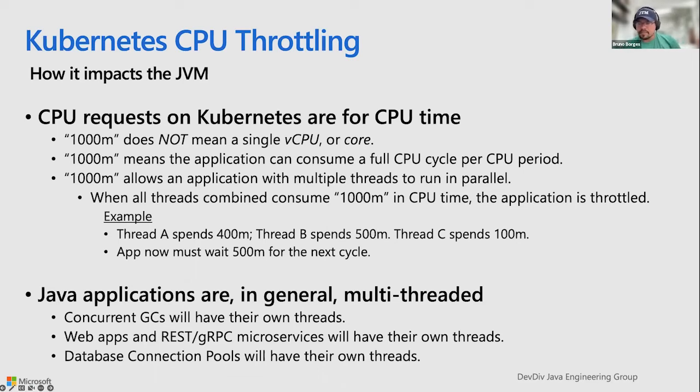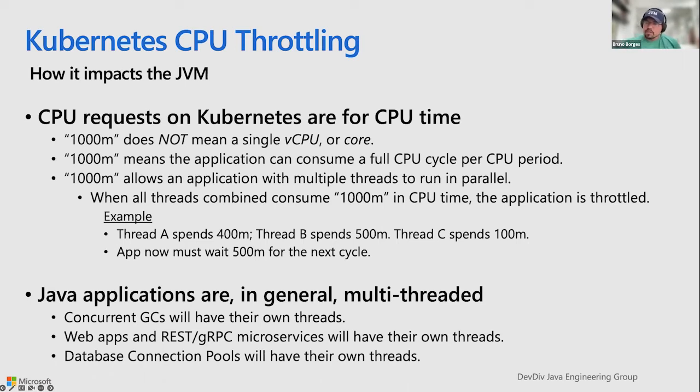Developers tend to believe that 1,000 millicore as the CPU limit of a container means 1 CPU. That is not true. In fact, 1,000 millicore means that the application can consume a full CPU cycle per CPU period. And a full CPU cycle may as well be split across 2 CPUs.